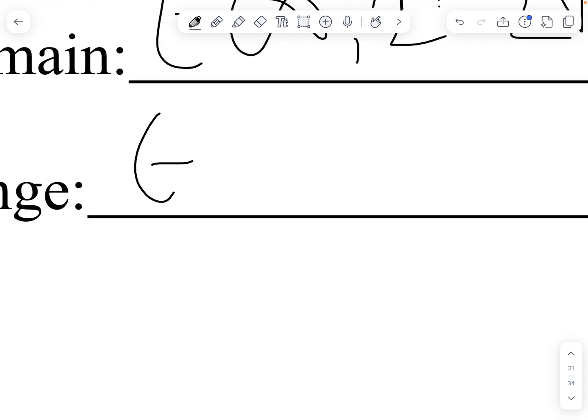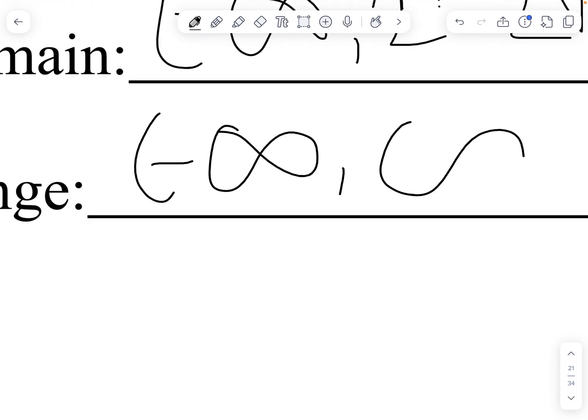And the range is negative infinity to positive infinity.